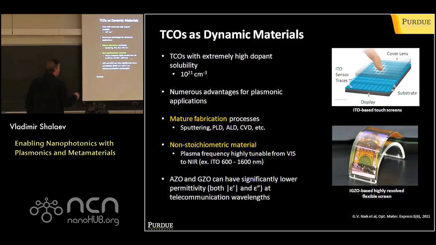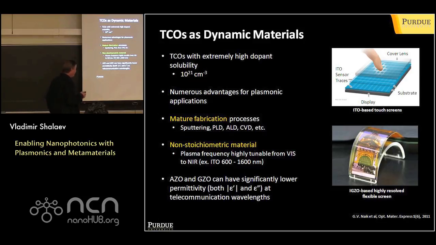This is a non-stoichiometric material, meaning that its properties depend on the way you make it. As a result, you could tune the plasma frequency in a huge spectral range. Remember, this was like a holy grail, to be able to tune the plasma frequency, which in gold and silver is just fixed around 9 eV. You cannot do anything about this. Here you could move it in a very broad spectral range by simply changing the charge carrier density. Like in the case of ITO, indium tin oxide, between 600 and 1600 nanometers.